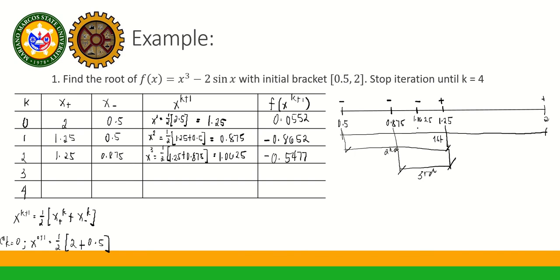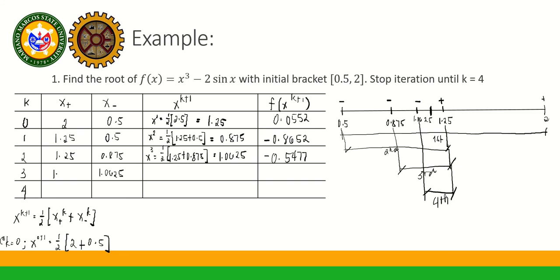So, saan kukunin yung next, sang interval natin kukunin yung next? Dito. So, this is our fourth interval. Okay, so dito na natin kukunin. So, since this is, ano yung x negative natin? That is 1.0625.